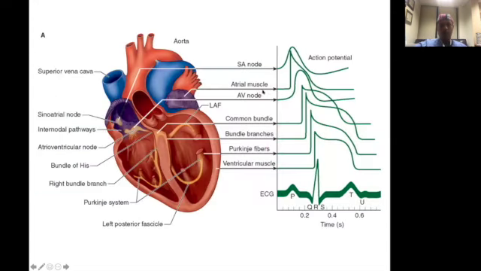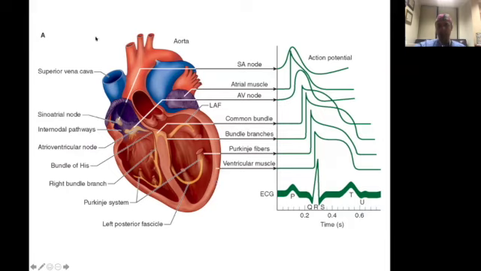All right, so as we mentioned earlier, the SA node will have its action potential. And each of the different tissues we talked about has its own action potential. So the atrial muscle will have its action potential. The AV node will have its action potential, then followed by the common bundle of His, going through the bundle branches, going through the Purkinje fibers and the ventricular muscles.